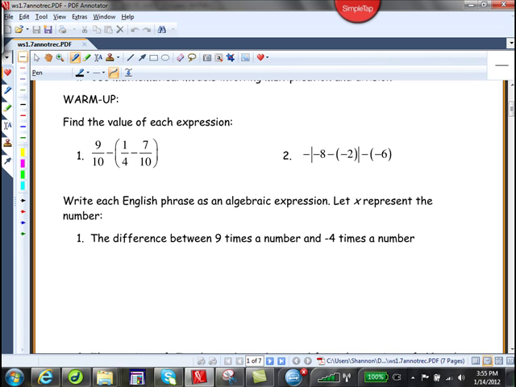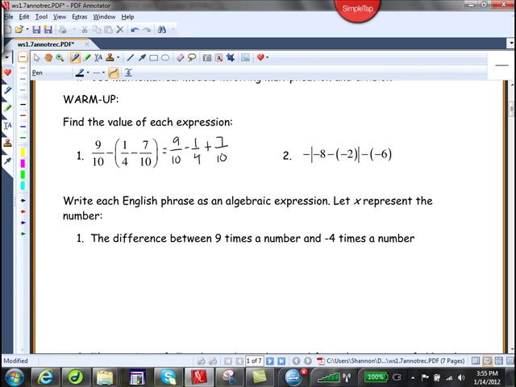Here with this one, let's rewrite this as 9/10. I'm going to distribute the minus sign because I noticed that a minus is going to give me a positive 7/10.